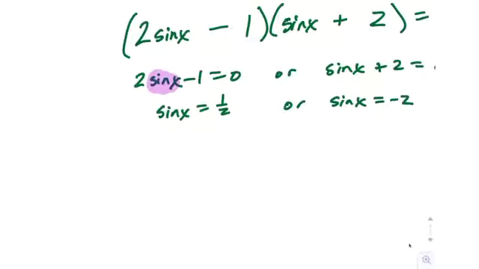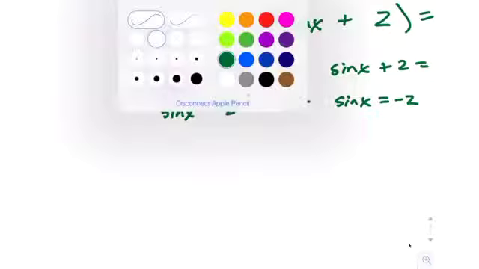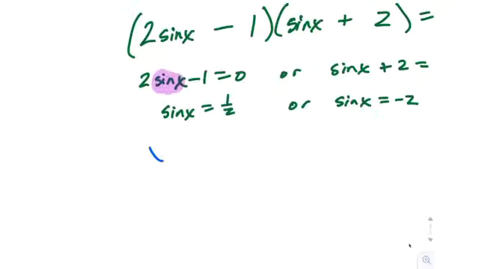And now it is once again unit circle time. So where between 0 and 2 pi is sine of x equal to positive 1/2? Pi over 6 and 5 pi over 6. Good. Now those aren't our final answers.